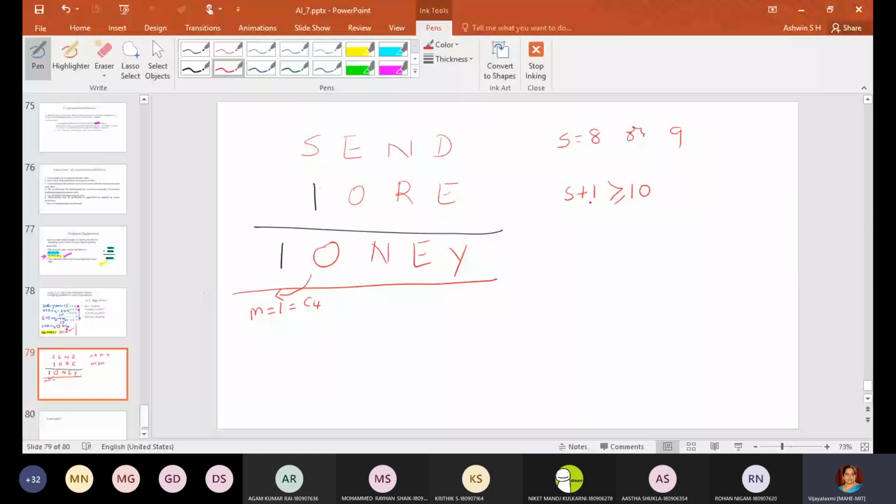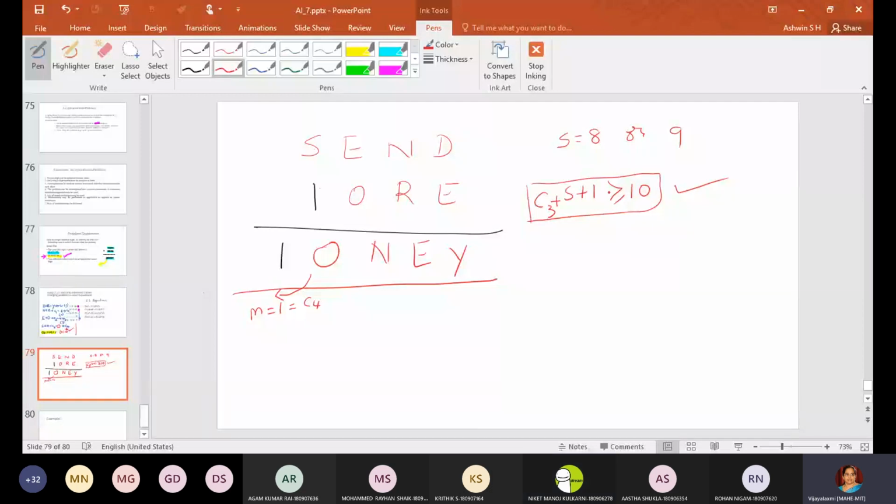Okay, S plus 1 plus C3 should be equal to or greater than 10. This is from our reasoning, we have got C3 plus S plus 1 should be greater than or equal to 10. Is this fine? Yes, ma'am.